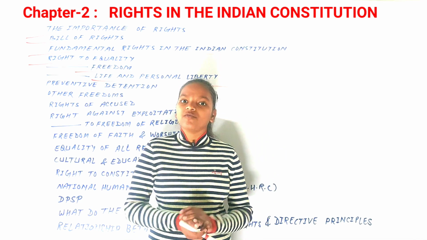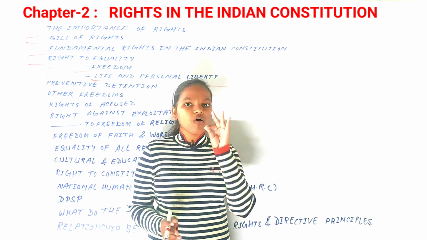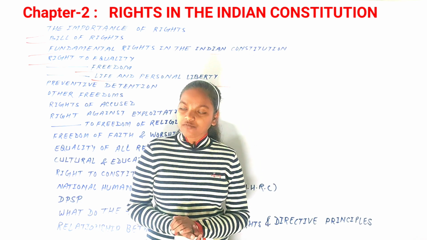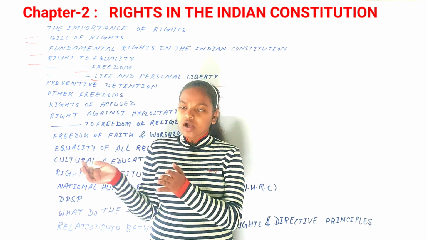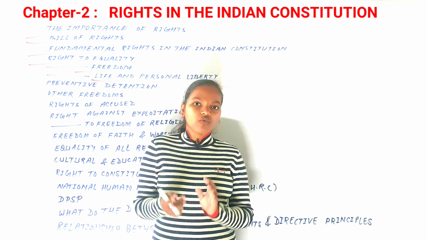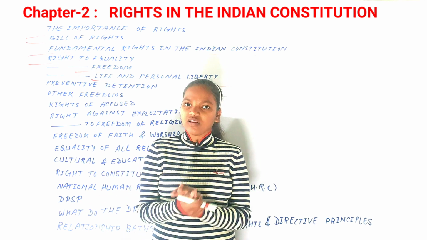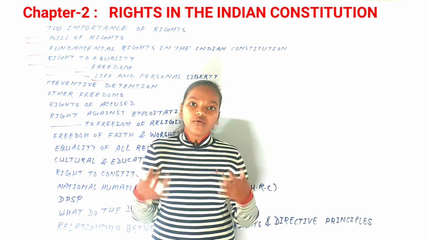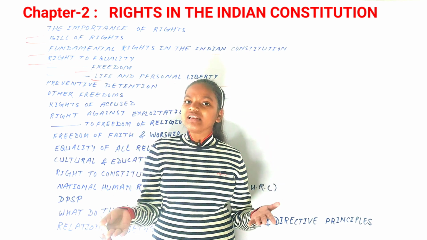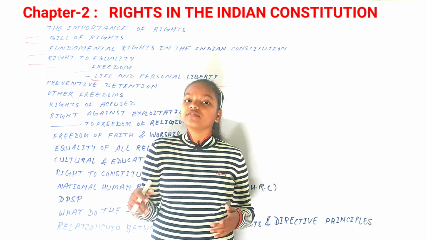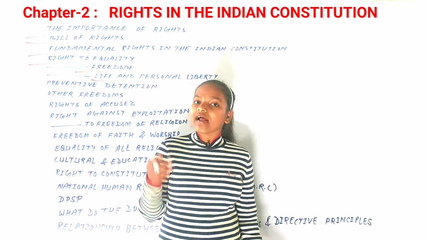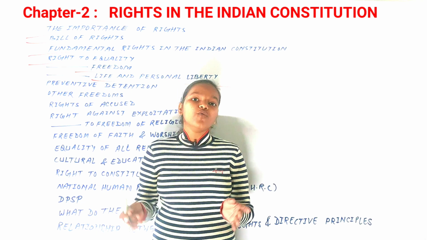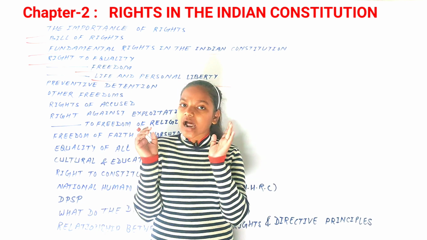Apart from that, by different judgments of the Supreme Court, the scope of this right has been expanded. That means now under the right to life and personal liberty under Article 21, you have a lot of rights, such as the right to livelihood, because for any person to live, he needs some adequate amount of work, some adequate occupation. So we have the right to livelihood, the right to an adequate environment, and the right to privacy under Article 21.